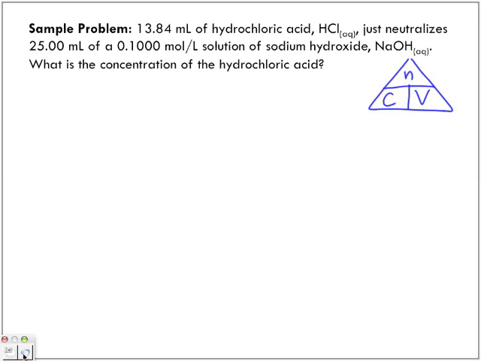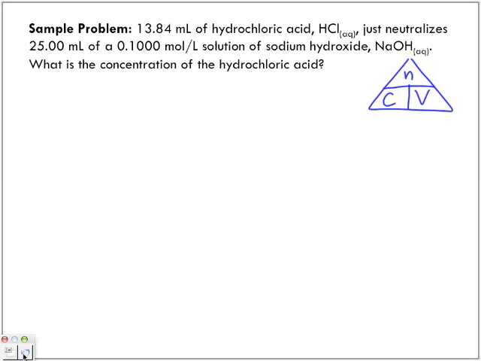So let's look at the first problem. 13.84 milliliters of hydrochloric acid, HCl aqueous, just neutralizes 25.00 milliliters of a 0.1000 moles per liter solution of sodium hydroxide. What is the concentration of the hydrochloric acid? First step, whenever we deal with these types of sample problems: write the equation.